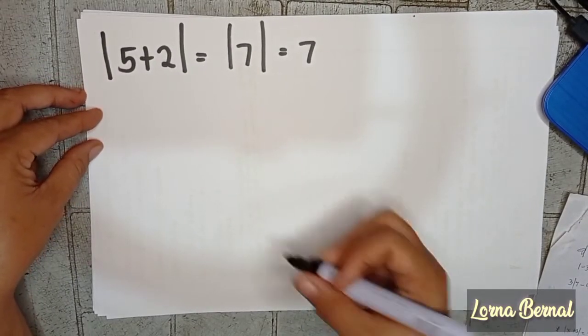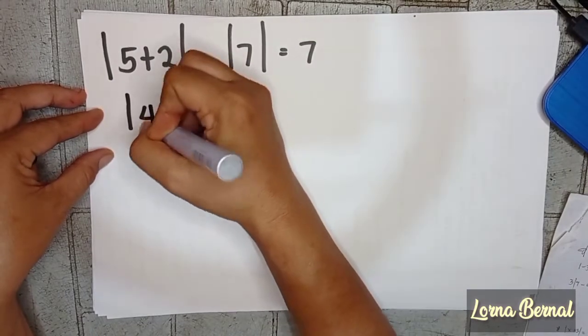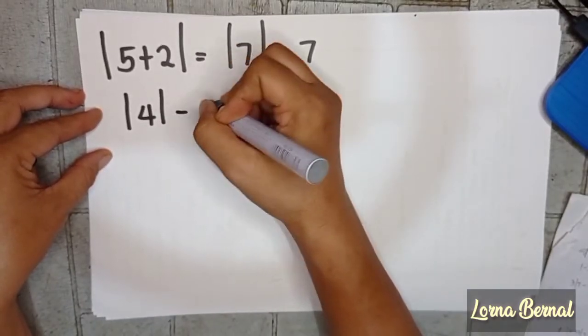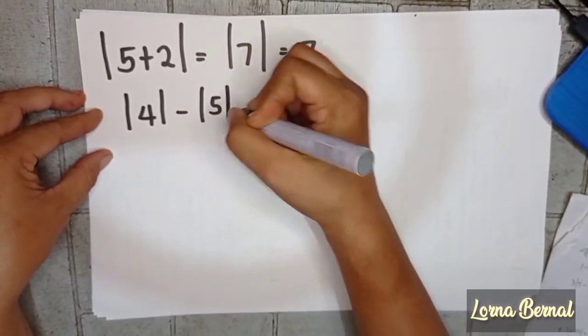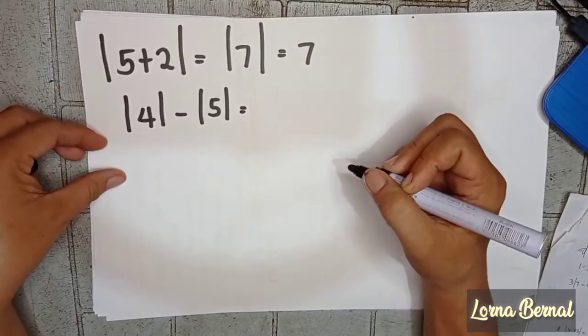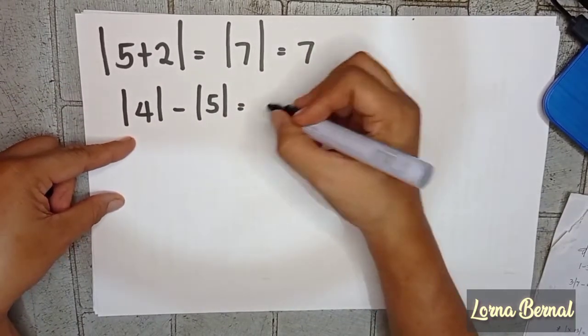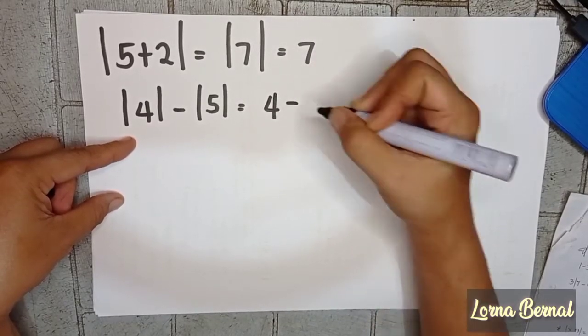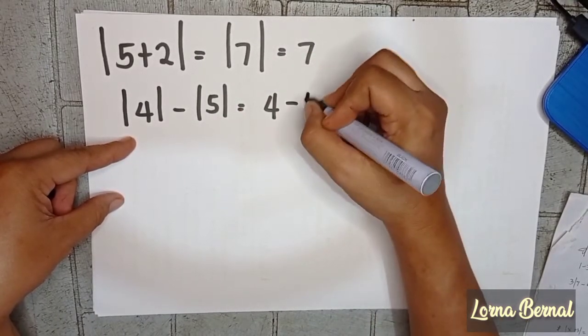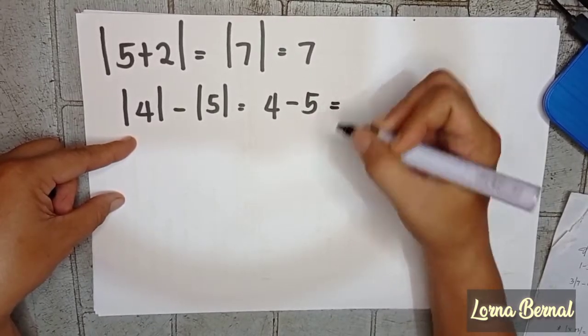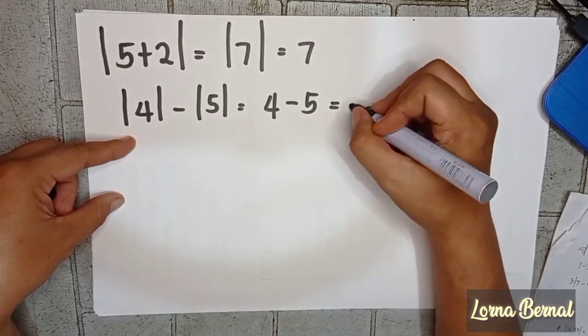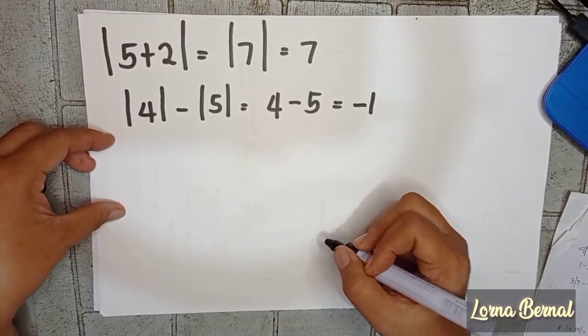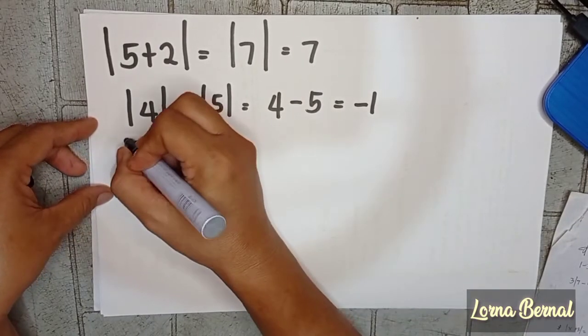Another, let's take a look at this. The absolute value of 4 minus the absolute value of 5. First, we will take the absolute value of 4, which is 4, minus the absolute value of 5, which is 5. So 4 minus 5 is now equal to negative 1. Another example.